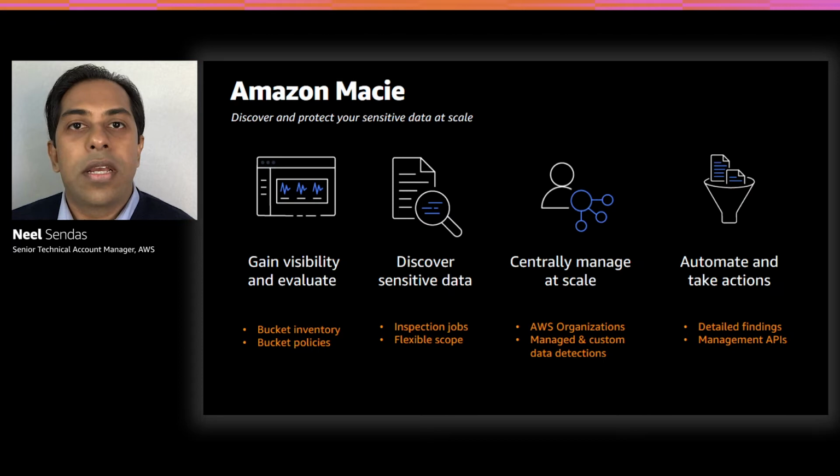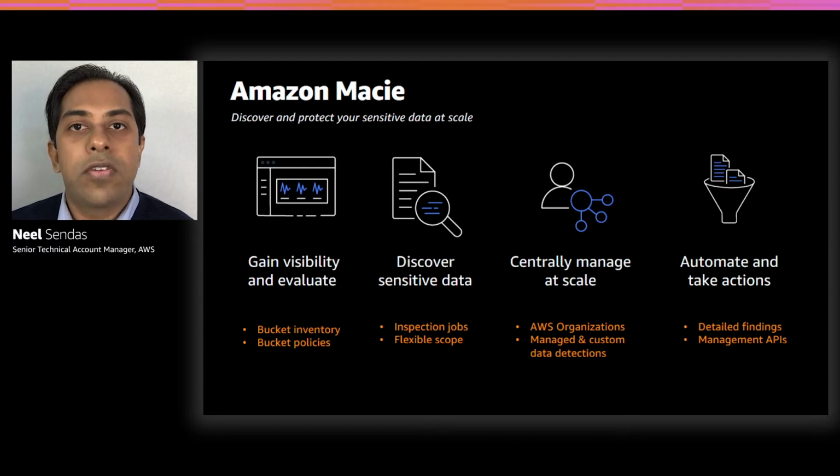Now, once customers have visibility into where all the data is, they can inspect the data to discover sensitive information by configuring customizable inspection jobs. Macie leverages a combination of built-in data identifiers that can be centrally managed at an AWS organization level.